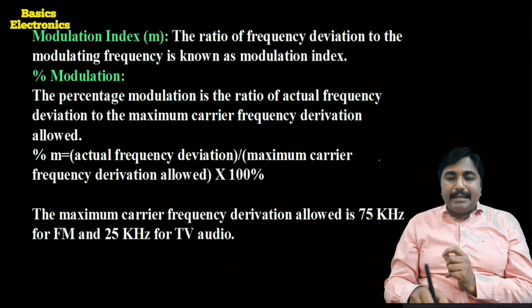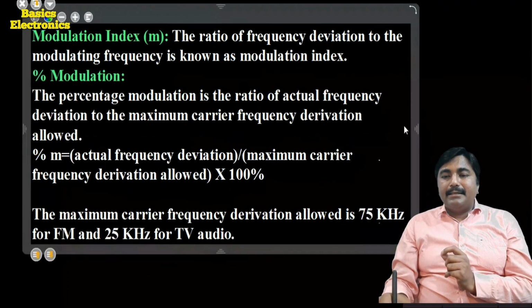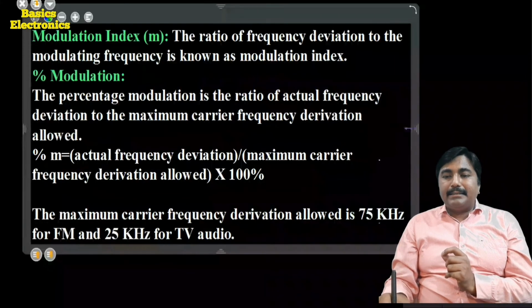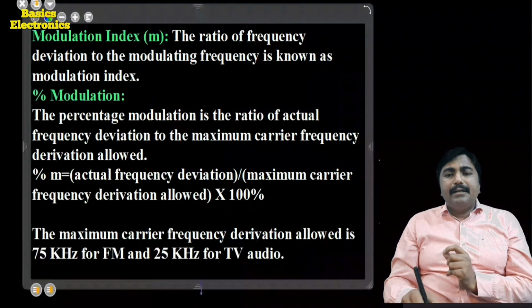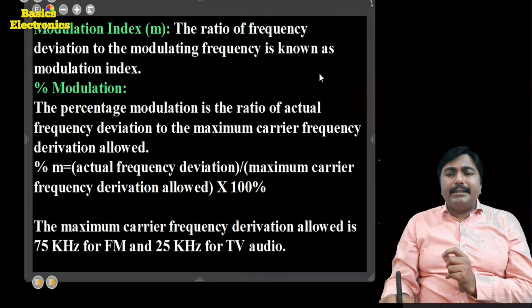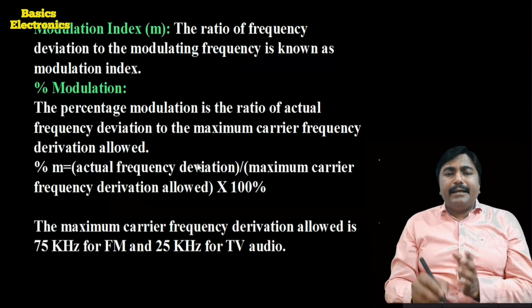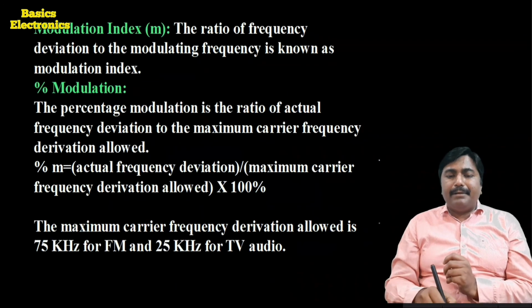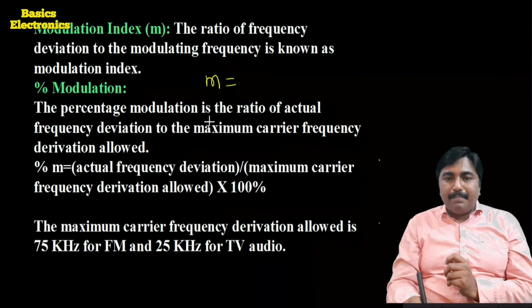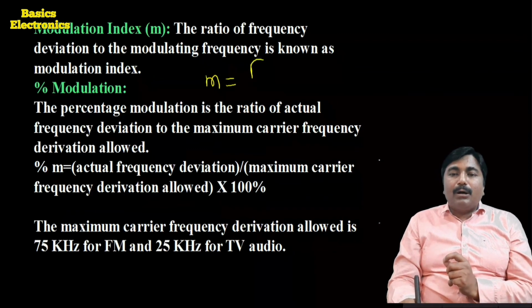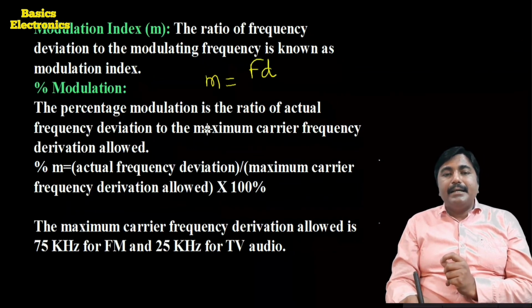The modulation index is again denoted by M, and it is the ratio of the frequency deviation Fd to the modulating frequency Fm.